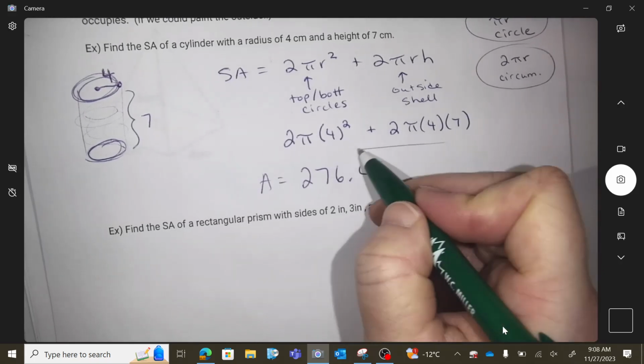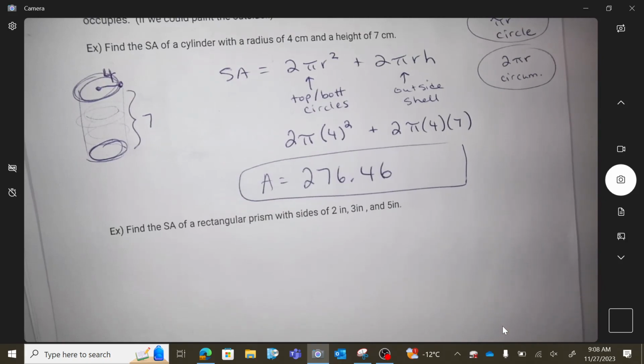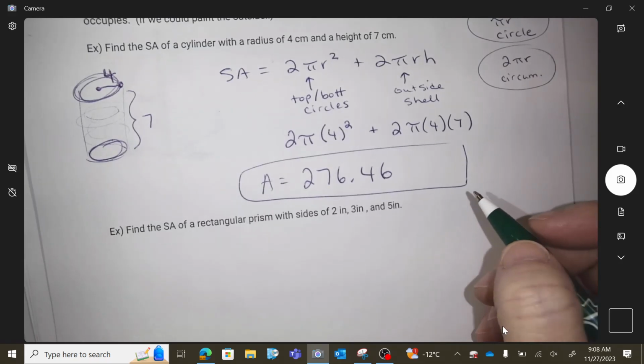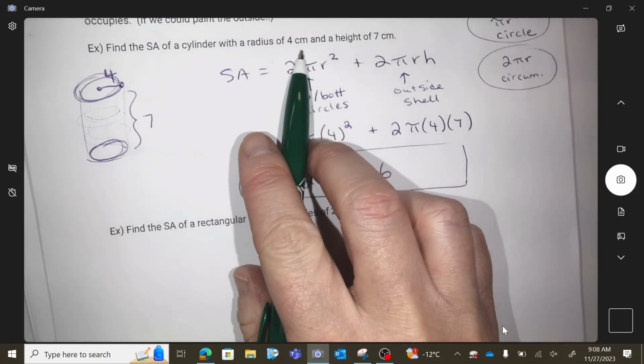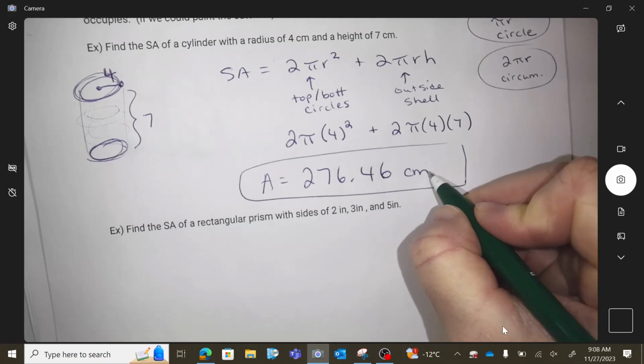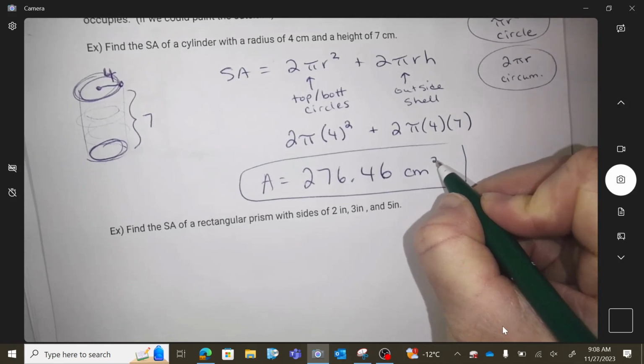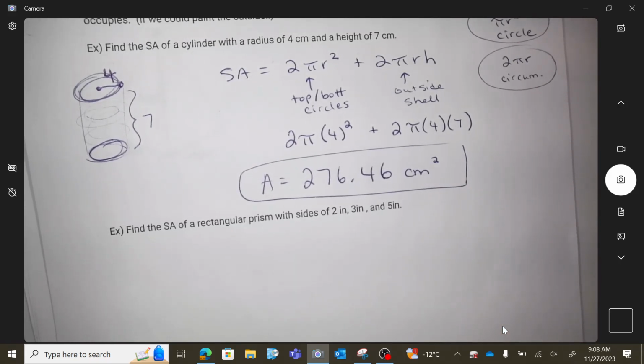Okay, area equals, and when you're working, again, you have to do 2 decimal places accurately, or else I'll deduct a little bit for rounding. I'm also going to deduct if you don't put anything or the wrong thing on the end. The measurements were all in centimeters, and because this is area, you should be putting centimeters squared.